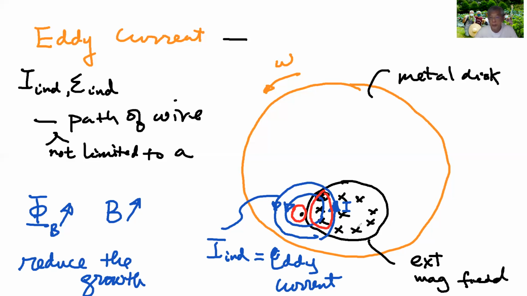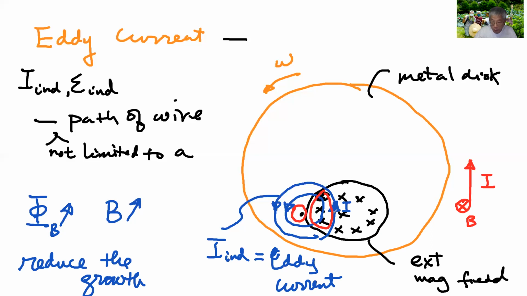In addition, when the current is going up, and the magnetic field is going into the page, this is the B. Use the right-hand rule: current, B, then there will be a resistive magnetic force to push this disc from coming in.